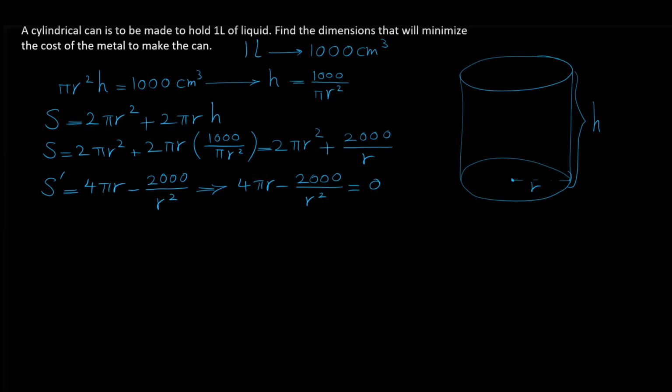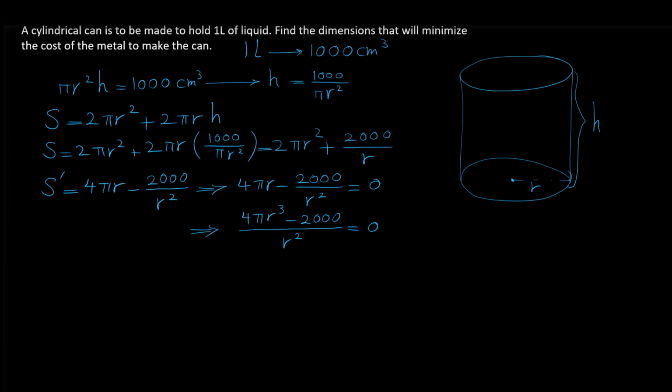For solving this equation, we can do a common denominator, or we can multiply both sides by r squared to get rid of r squared from the denominator. Here I do a common denominator. R squared is the common denominator, and in the top we get 4 pi r to the 3 minus 2000 equals 0.